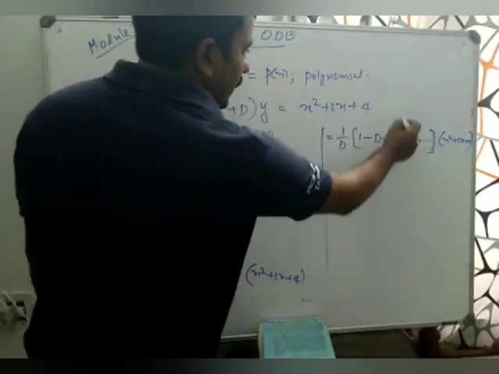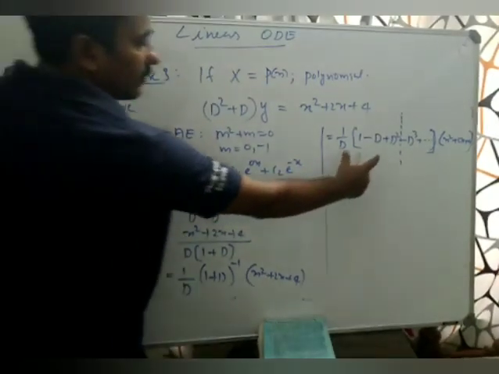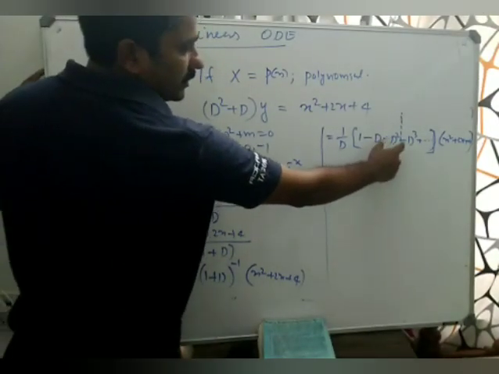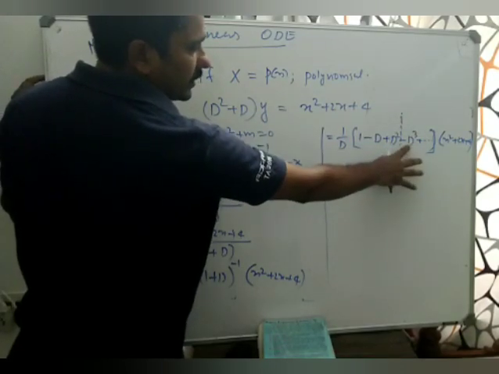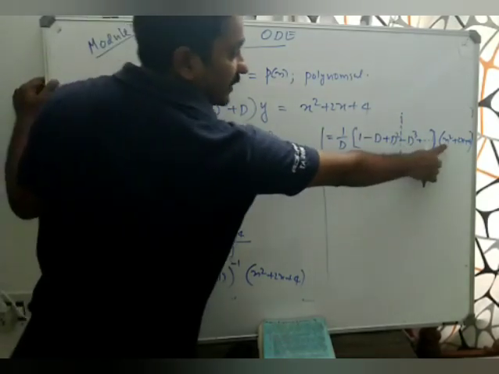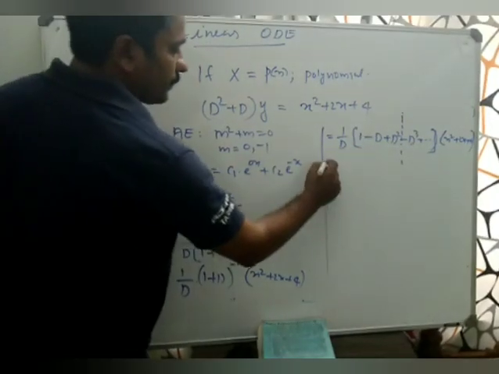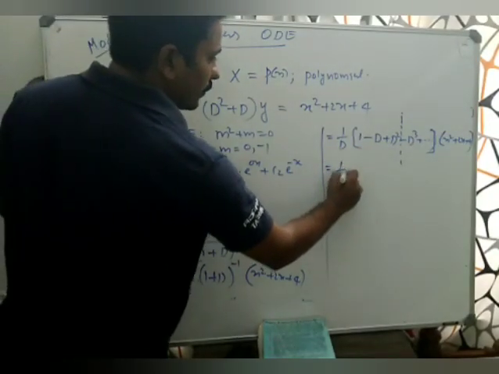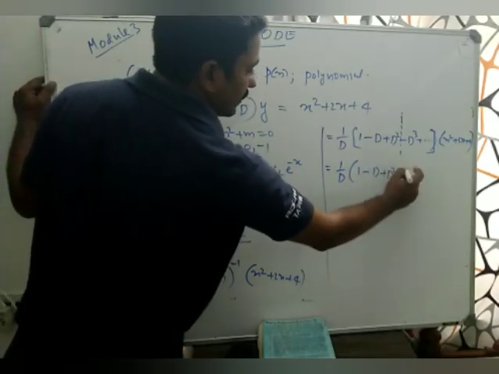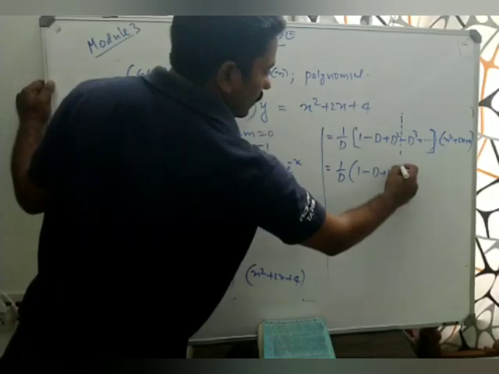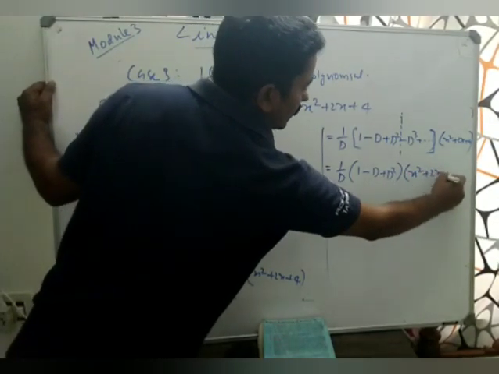So we can take only these 3 terms, and simply we can avoid all the other terms, as the third derivative of a second degree polynomial will be 0. Okay, so this is going to be 1 by d of 1 minus d plus d square of x squared plus 2x plus 4.